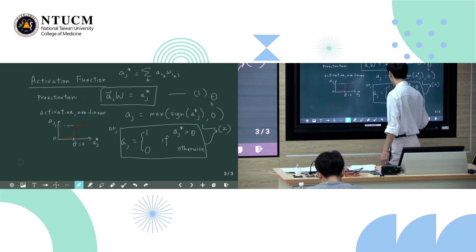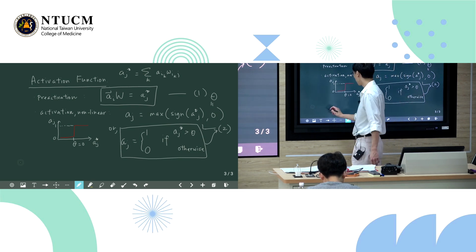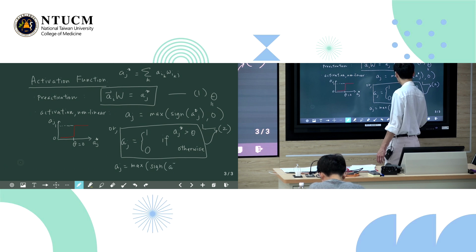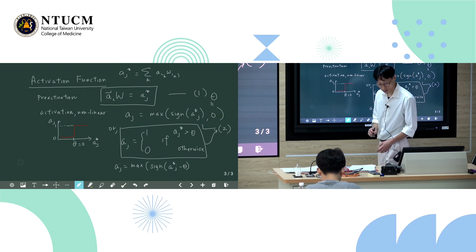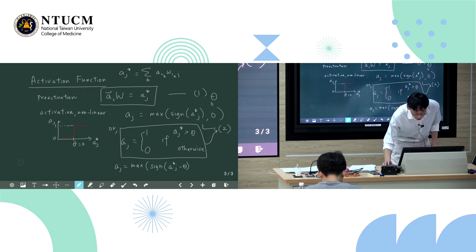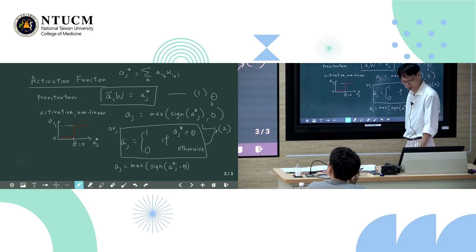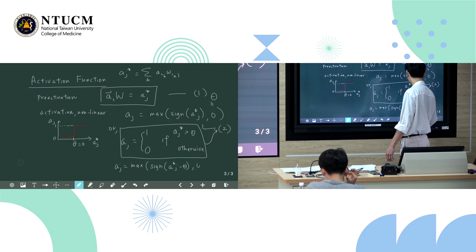What do we do? Well, we can tweak things a little, and we make AJ equal to max. That's all you do.